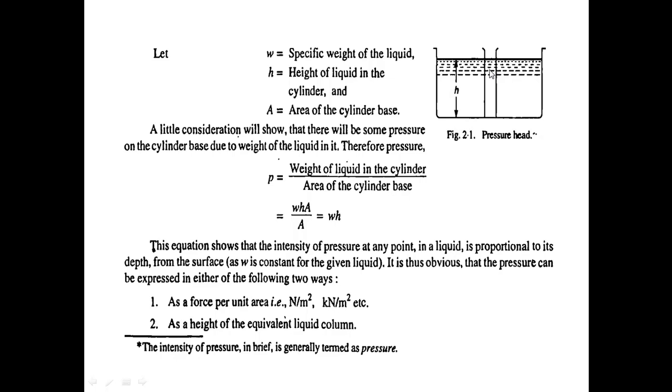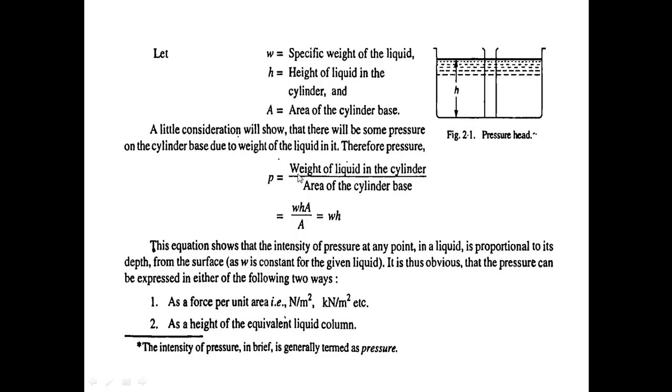So in this case, a cylinder is immersed in this liquid, so the liquid in this cylinder will exert a force on the base of the cylinder due to the weight of the liquid. Therefore pressure P is equal to the weight of the liquid in the cylinder divided by the area of the cylinder base.